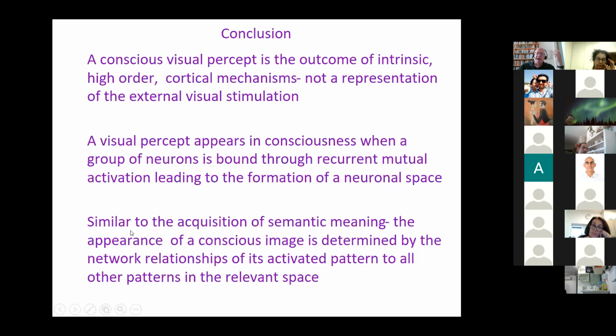And inspired by the structuralist school, and particularly the work of de Saussure, I would like to propose that, similar to the acquisition of semantic meaning, the acquisition of appearance of a conscious image is determined not by the unique activation pattern of this image, but by the network relationship of this pattern to the activated pattern to all other patterns in the relevant space.